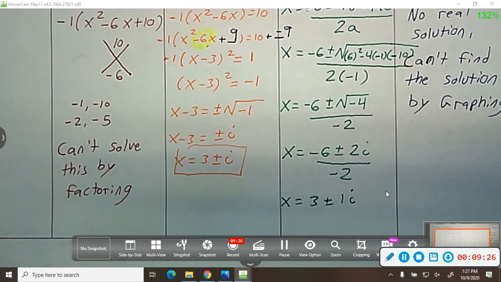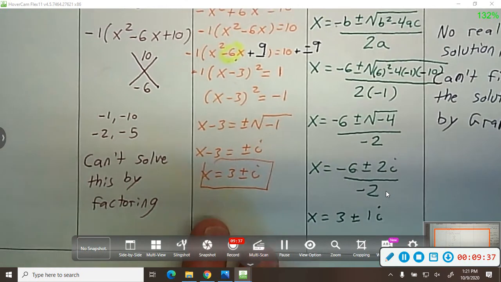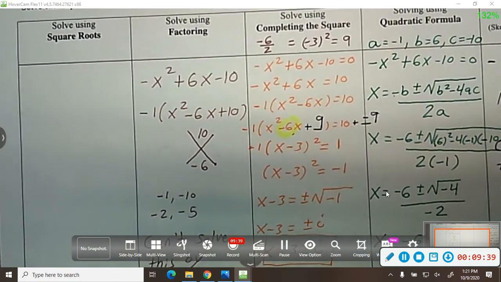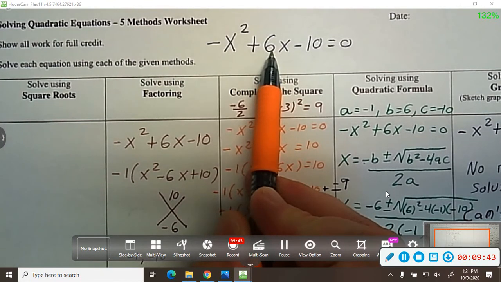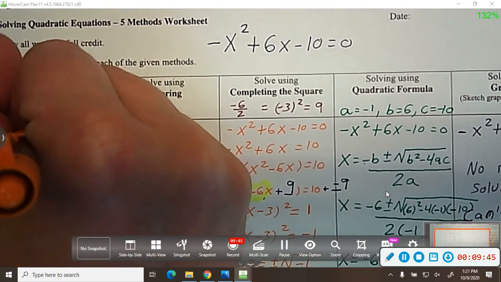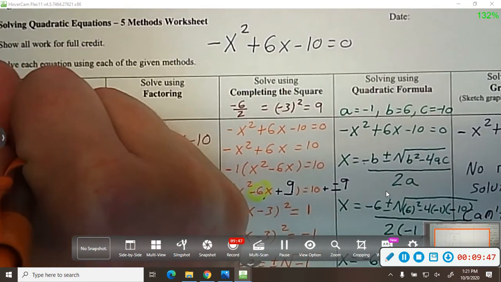Okay, so I just took negative x squared plus 6x minus 10 and solved it four ways, and then real fast, square roots. I can't use square roots because it has an x term, so I can't solve using square roots.